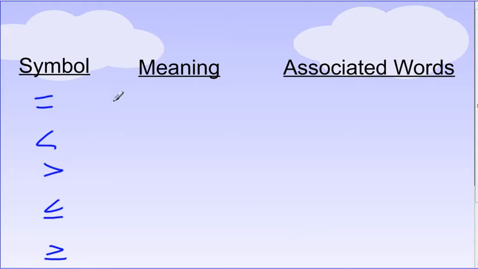Obviously the first one means equal to. A couple of words associated with that are is, or the same as. If it says 3 plus 5 is 8, that is our equal sign.